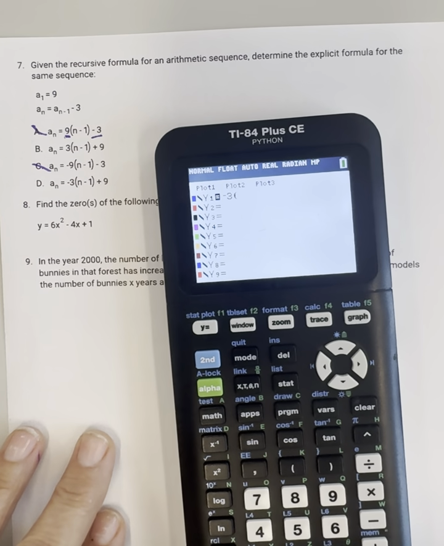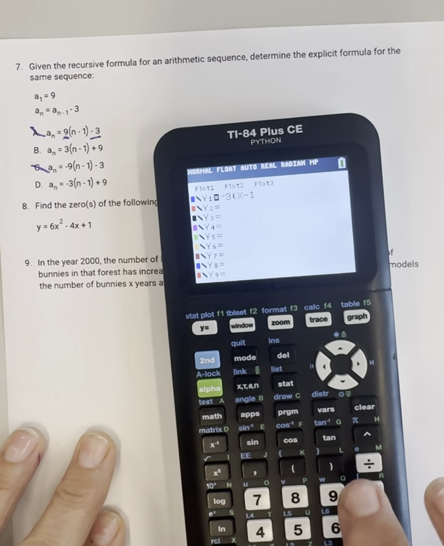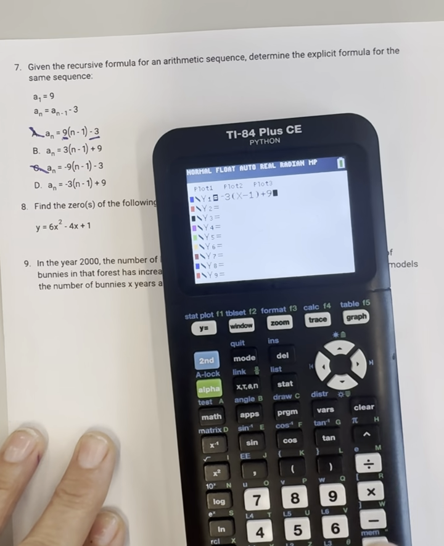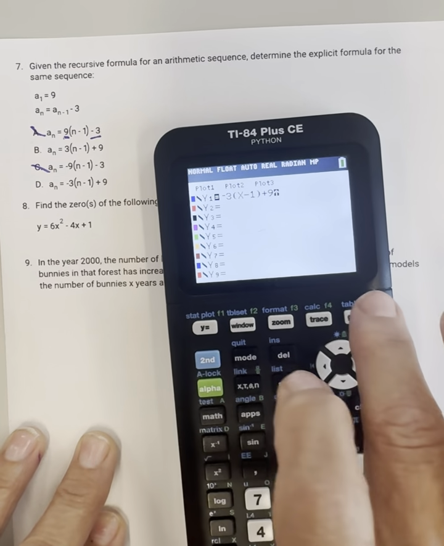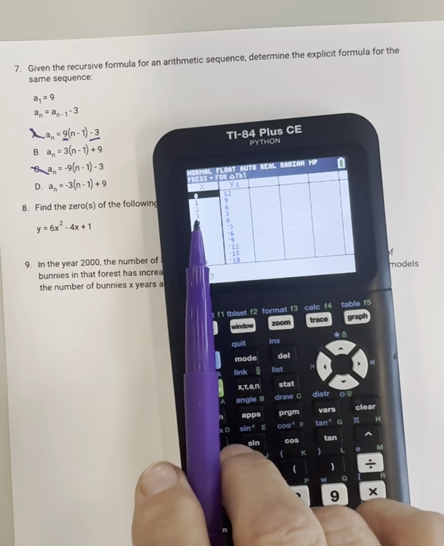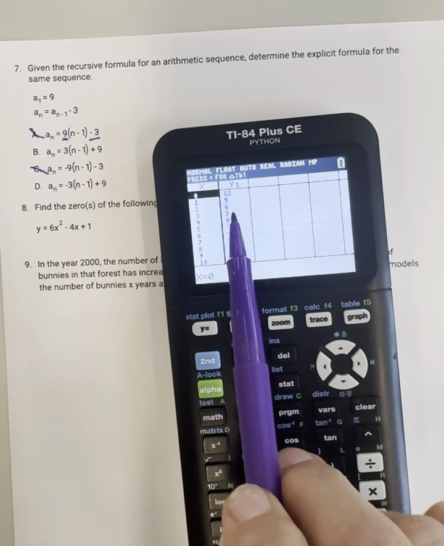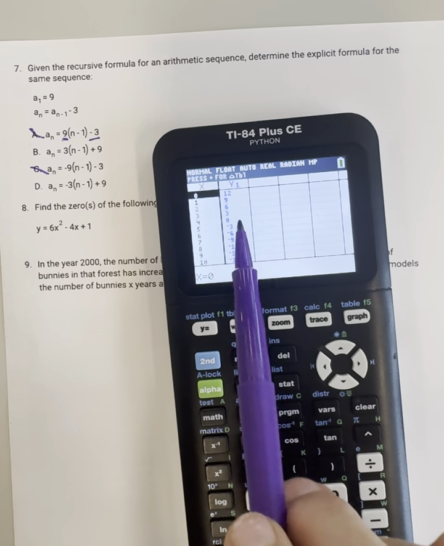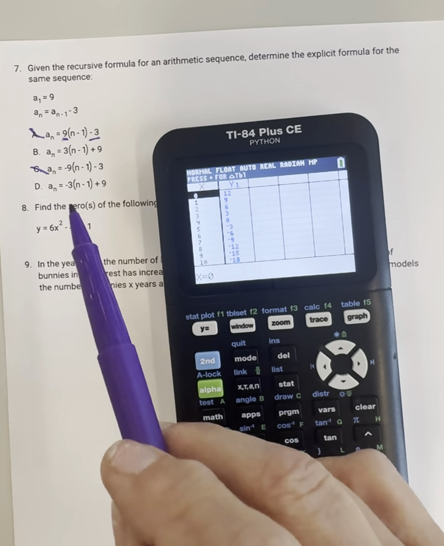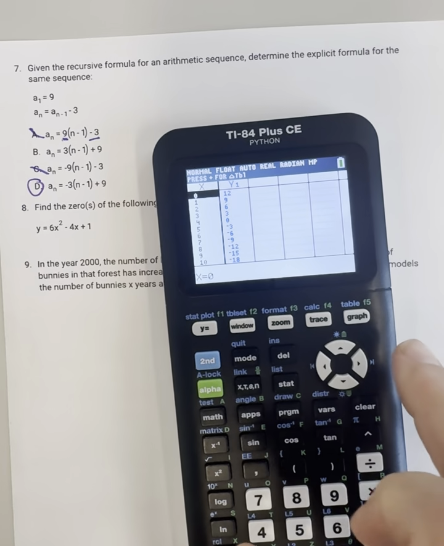Negative 3, open parentheses, x minus 1 plus 9. And looking at our table, our first term, a sub 1 would be 9. And if we subtract 3, 9 minus 3 is 6. 6 minus 3 is 0. So that works. And so our answer is D.